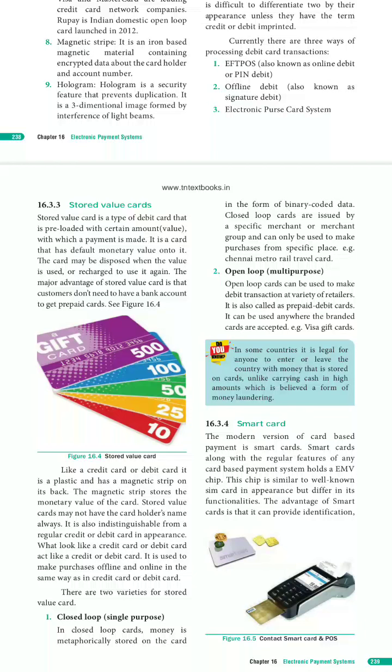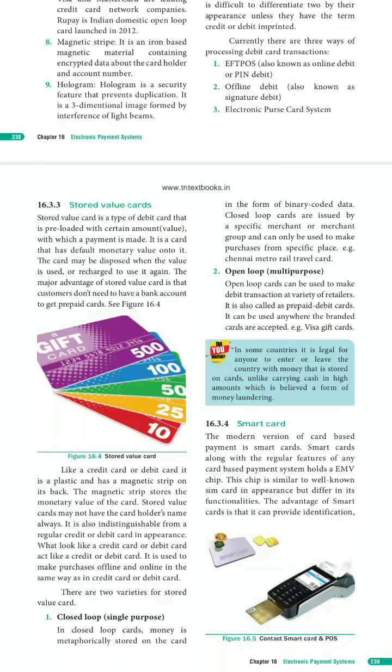This kind of stored value card can also be used to make calls from a public telephone. In that public telephone there will be a slot for the stored value card. When you insert it, it gets activated and you can make the call. After finishing, you can pull out the card.